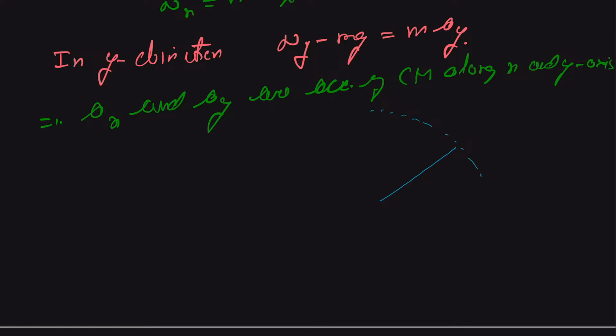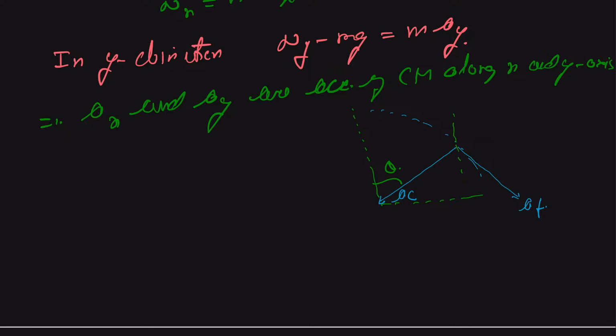Suppose this is our circle, so we are going to have our centripetal acceleration, that is a of c, and tangential will be something like this. So this will be our a of t, and the component we have taken is along this direction, and we know that this angle is equal to theta.